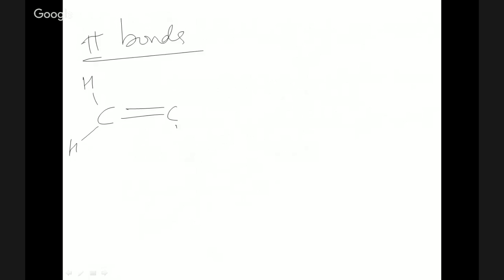Finally, we have pi bonds. This is carbon-carbon, or it could be carbon-oxygen double bonds. These create nucleophilic sites because they're more easily broken than sigma bonds. We've been showing this. I'm going to keep showing it.